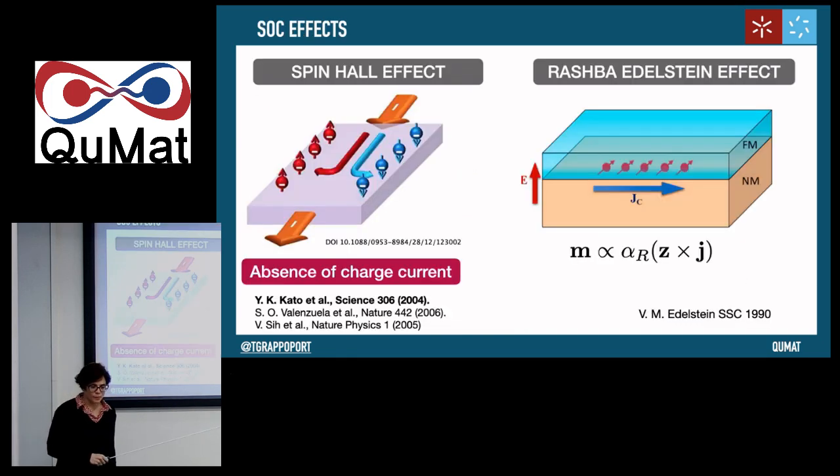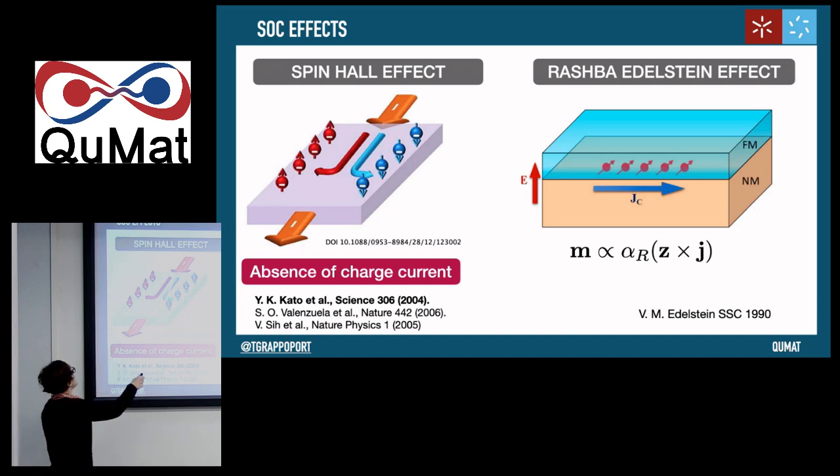One example of this type of manipulation is the spin Hall effect. So in the spin Hall effect, we have a charge current entering a material with spin-orbit coupling, and it produces a transverse spin current, and it can give rise to spin accumulation at the edges of a material.